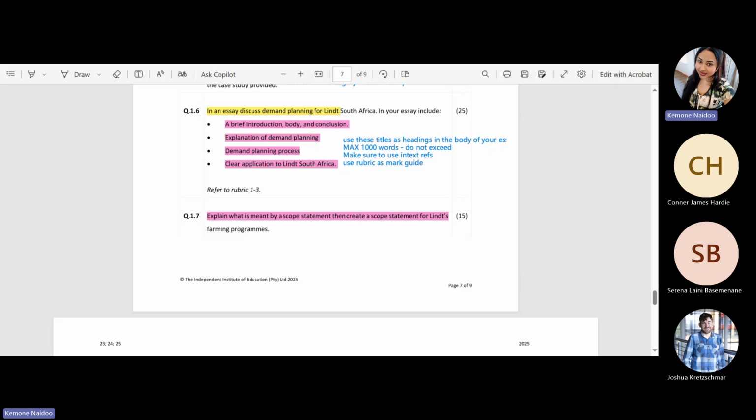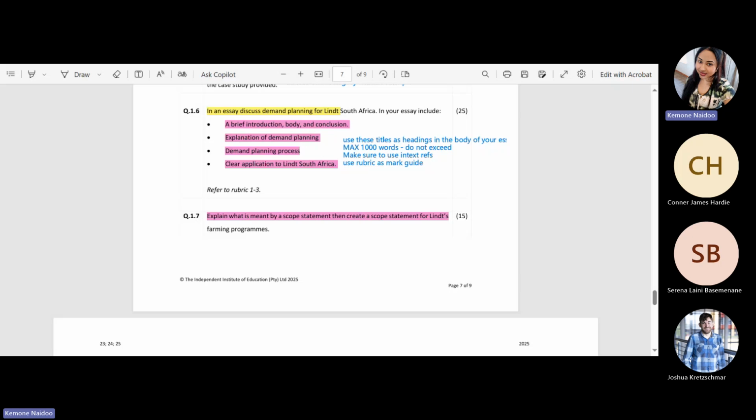A nice way to do this is to use the titles that they give you, because it's easier for the marker to recognize that you have included it in your essay. If you decided to change these titles, then it can be a little bit confusing. It's not to say that the marker won't recognize it, but it's just a lot easier if you just use what they've given you.